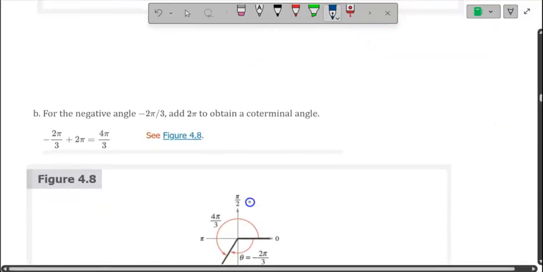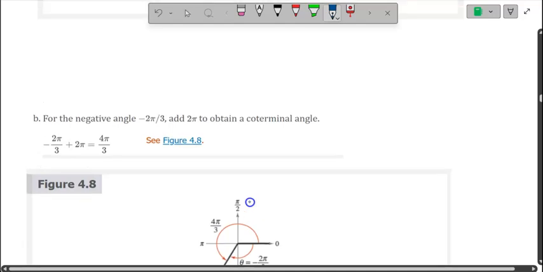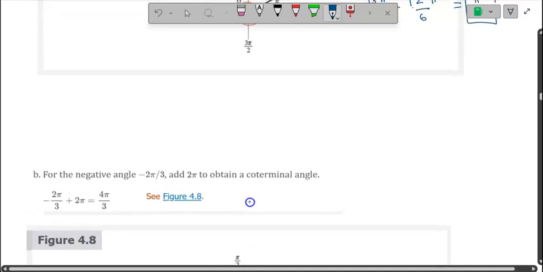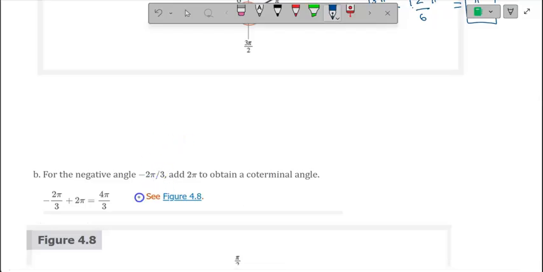Let's do B, for instance. So they give you a negative angle, which is minus 2 pi over 3. And obviously here again, we are going with the period of 2, right? So 0, 2, and then 4. And before it's going to be minus 2 and minus 4, right? And what you want to do is see where minus 2 over 3 falls.